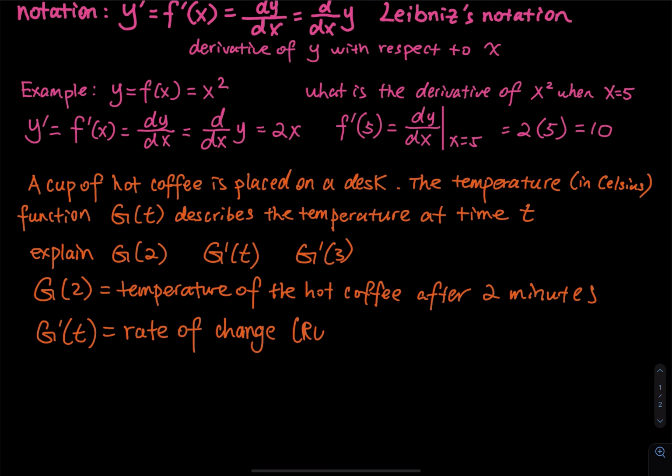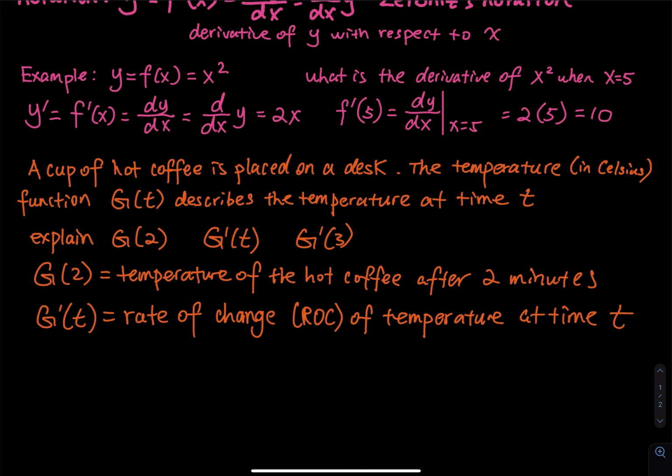Sometimes I will just call this ROC, rate of change of the temperature at time t. So the temperature of the hot coffee is changing. We are using one function, g prime of t, to describe how the temperature changes at any time. One function to describe the whole thing.